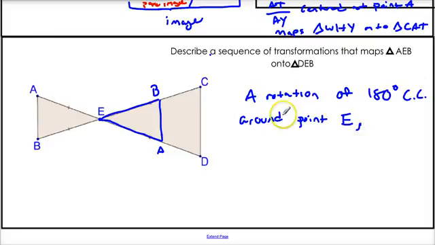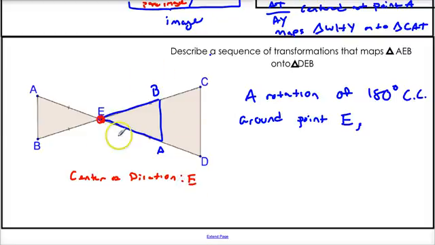So first we're going to do a rotation 180 degrees around point E. And then we're going to find our center of dilation and our scale factor. The center of dilation is E, they both share point E.